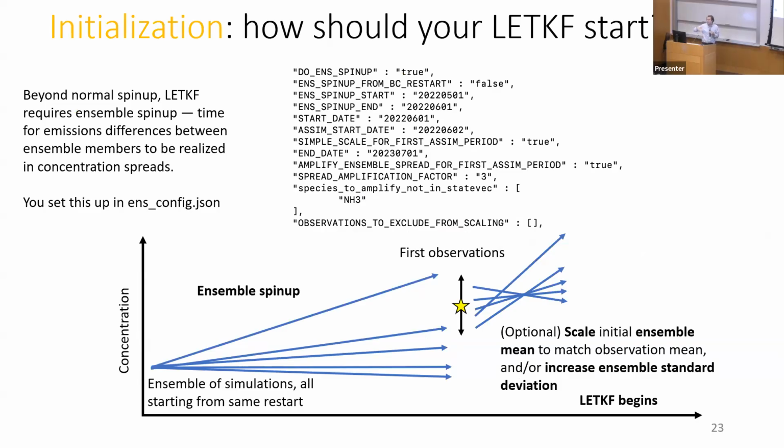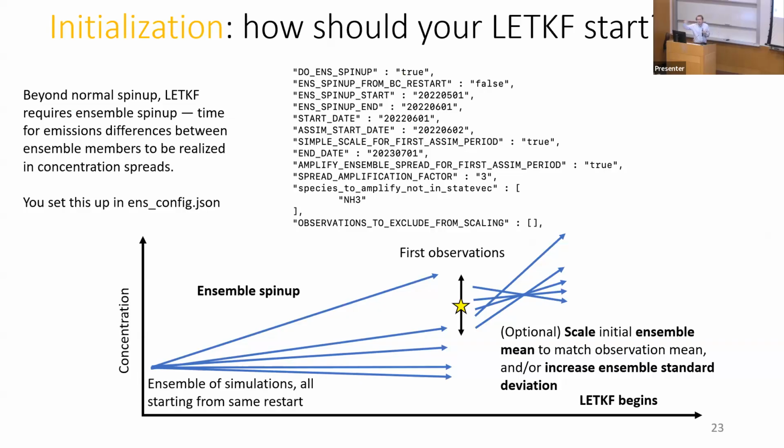And then this is where you start getting into your ensemble configuration. Ensemble data assimilation is its own universe with its own logic, and so you need to go into ensemble mode when you start thinking about this. We have our own version of spinup in ensemble land called ensemble spinup. The way this works is you have one restart file that is the one you're interested in for your simulation.